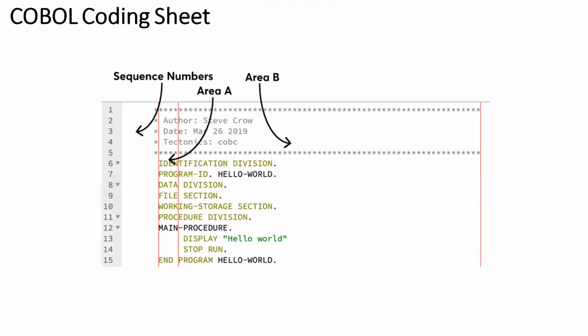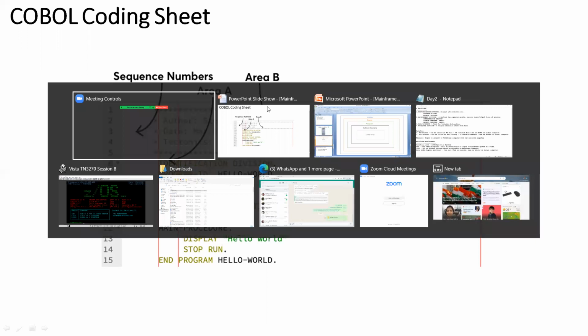So the COBOL coding looks like this. We can discuss variables and all today, and we can start coding from Monday. We call it the COBOL coding sheet.